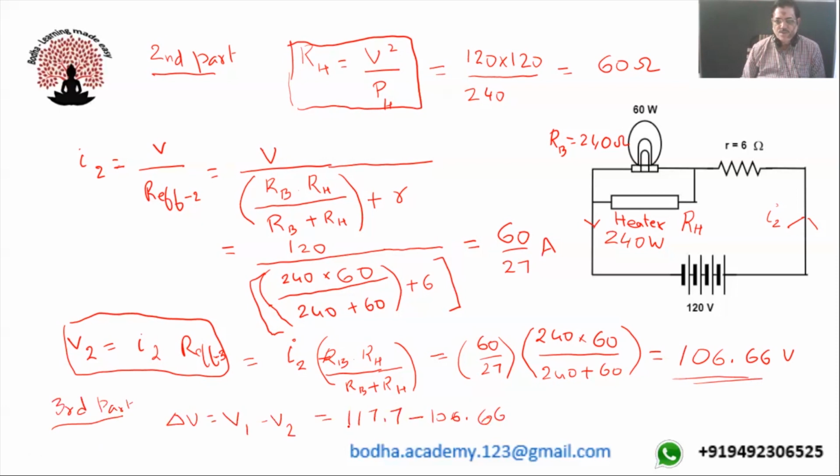On simplification, we'll get 10.4 volts. So this is the final answer: the decrease in the voltage is 10.4 volts.